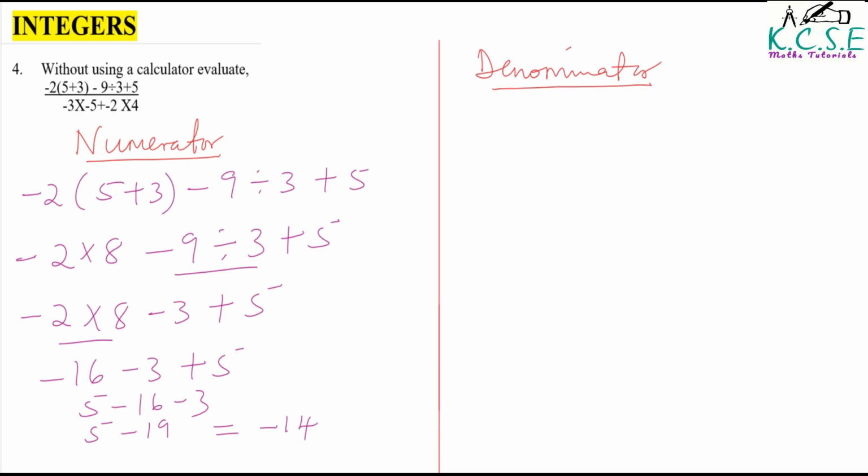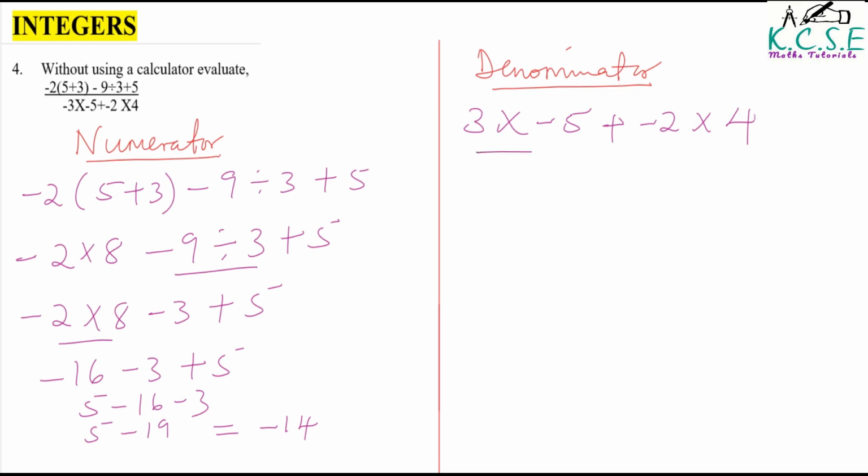Now for the denominator, we have 3 multiplied by negative 5 plus negative 2 multiplied by 4. So according to the rule of BODMAS, we are supposed to begin with multiplication.